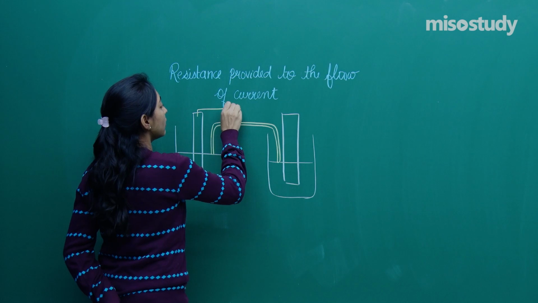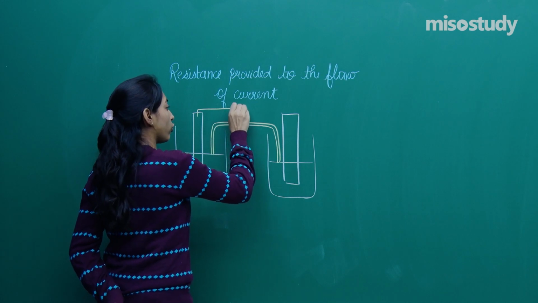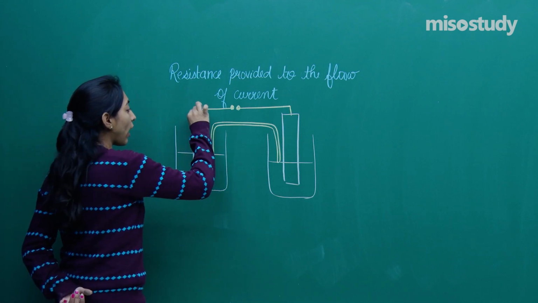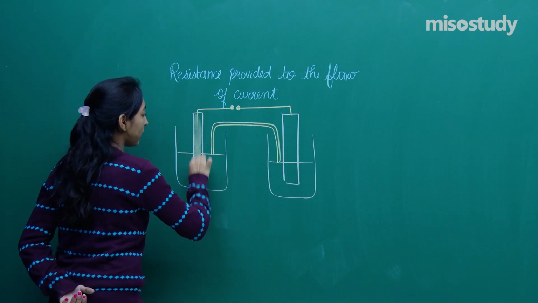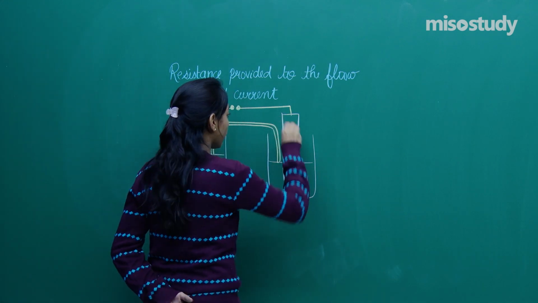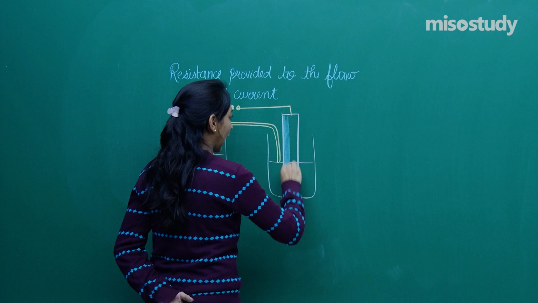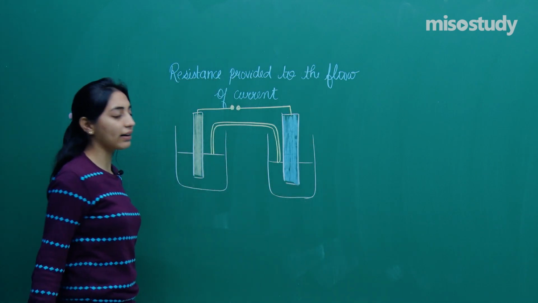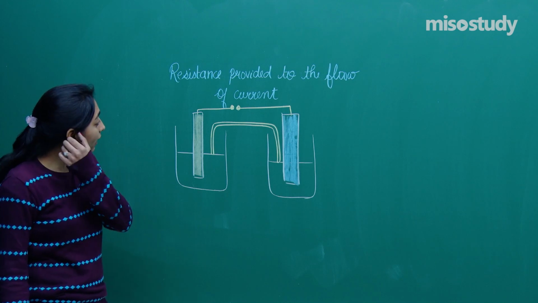And now here you are trying to measure the value of potential difference, right? Since the two half cells are different, maybe this is zinc, ZnSO4, and maybe this is copper and CuSO4. So you need to make sure that the two half cells that you are using are different.